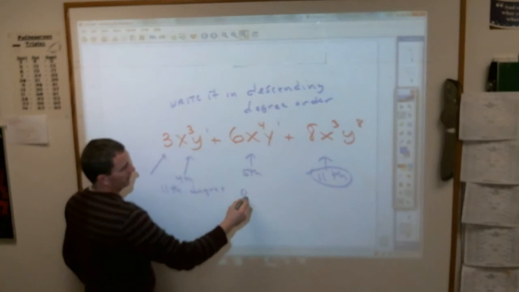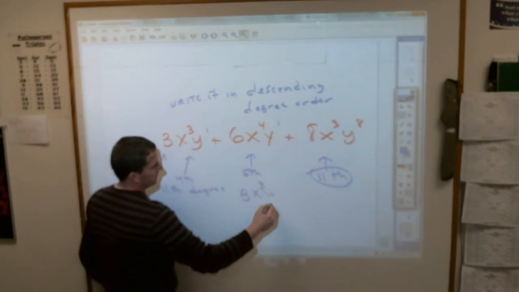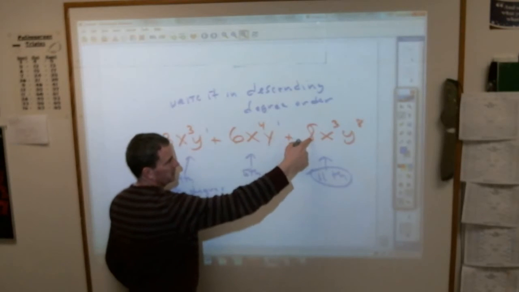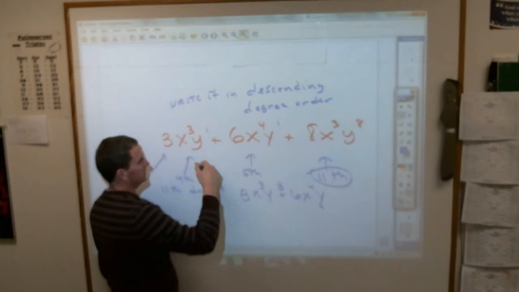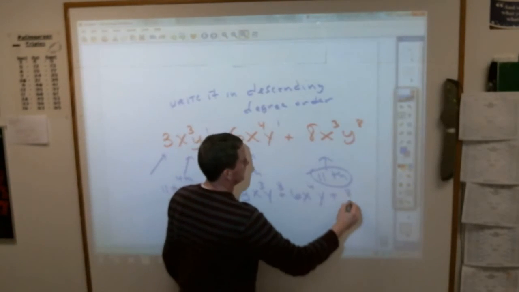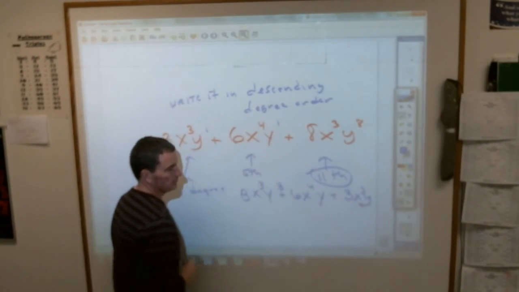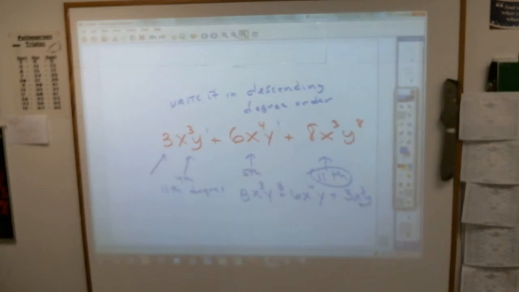So I should have written this like this: highest degree term, next highest degree term, and the last. Any questions on that? There's really nothing mathematical about it, as far as I can tell you.